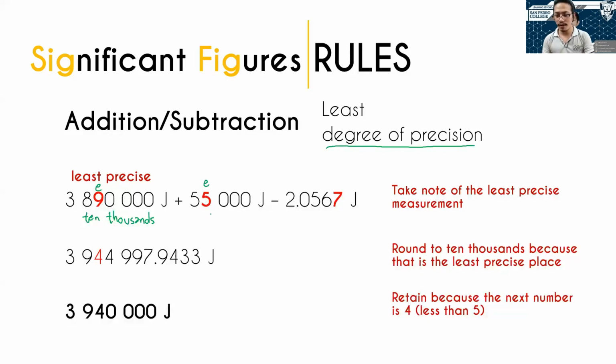So that means we are precise until thousands place. Yan, we are precise until thousands place. Dito, yung estimate natin is si 7. The last significant digit, si 7. So we are precise until ones, tenths, hundreds, thousands, 10,000s.